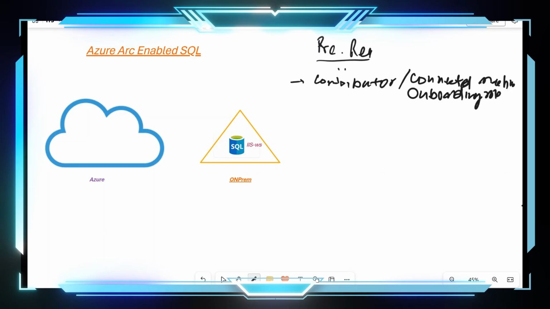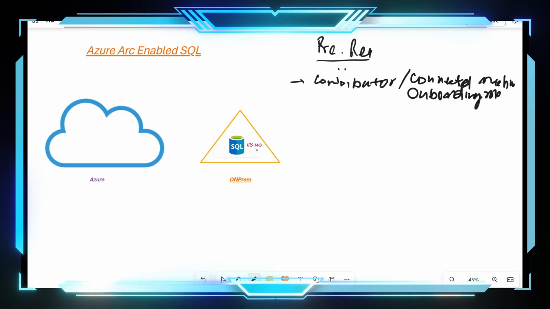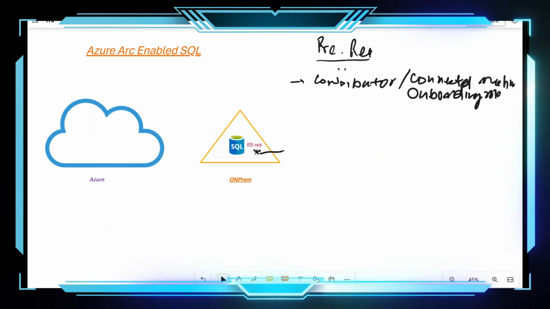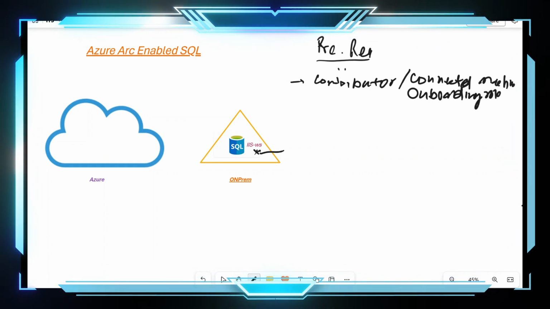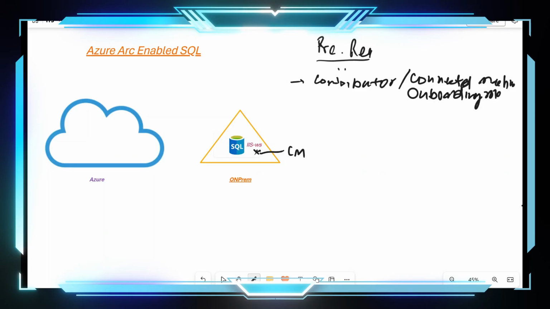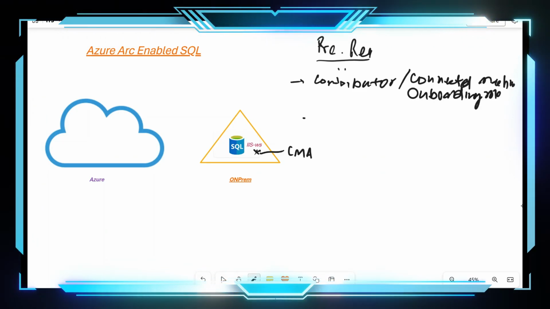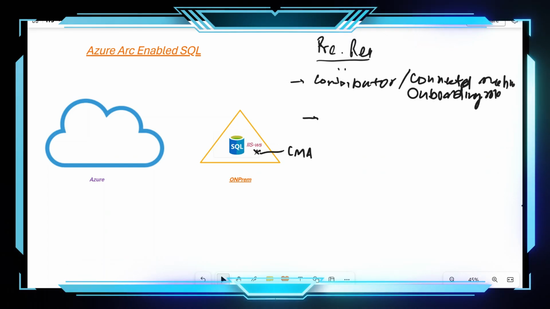As part of this deployment, we need to deploy an agent. It can be called a connected machine agent or an Azure Arc agent. This needs to be deployed, but you need to have these roles in order to do that work.